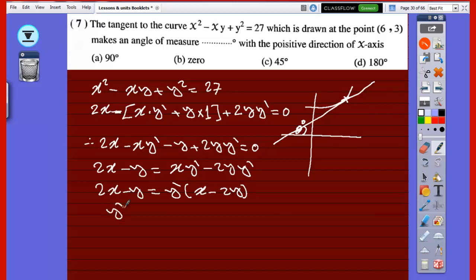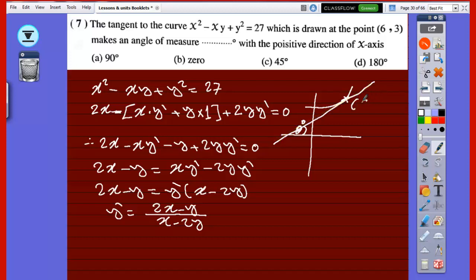So y' equals (2x - y) over (x - 2y). Now substituting x equals 6 and y equals 3. Don't forget that the point (6, 3) belongs to the curve and also belongs to the tangent.